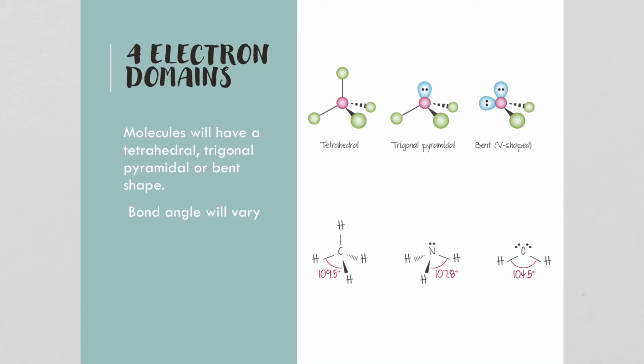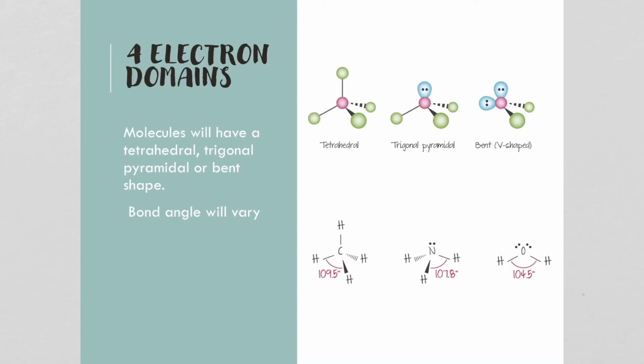lone pairs of electrons. So the first example is methane. It has carbon with 4 hydrogen atoms attached. You'll see these funny little things. The first few molecules we've been looking at have been 2D shapes, so they've been planar. These ones now are not planar, they have a 3D shape.